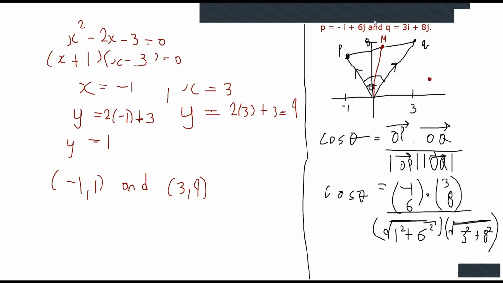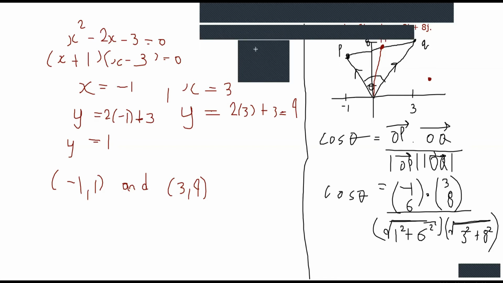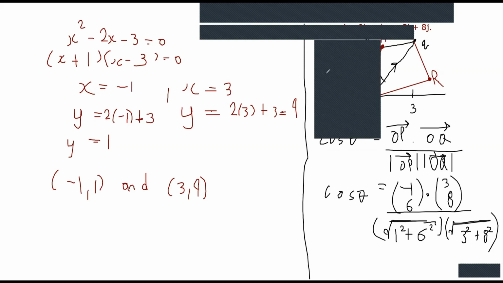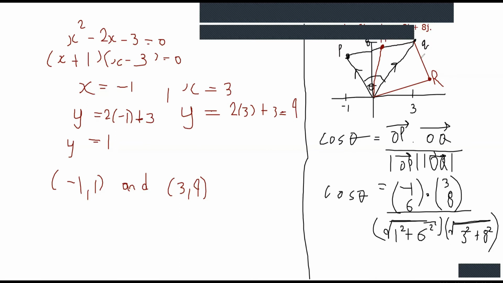But they say PQRO forms a parallelogram, so I need to find out what R is. So this would be R. In order for it to be a parallelogram, this is how a parallelogram must look. A parallelogram has 2 pairs of parallel sides, no?